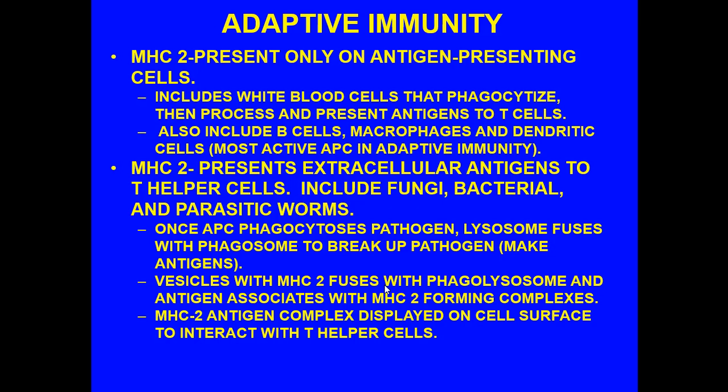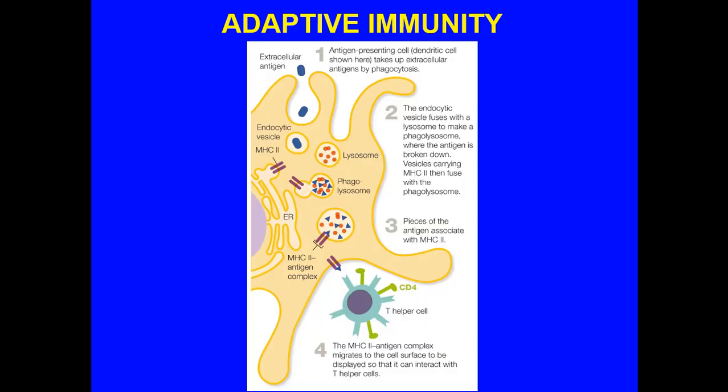You start breaking that down, and then this other little vesicle containing MHC2 proteins fuses, and grabs onto some of the fragments of that spore that will in essence be antigens. Then the MHC2 structure with its complex will attach to the cell surface like a flag, saying, hey guys, this is an invader. This is a bad thing. And it will teach the T helper cell, when you see this, you've got to destroy it.